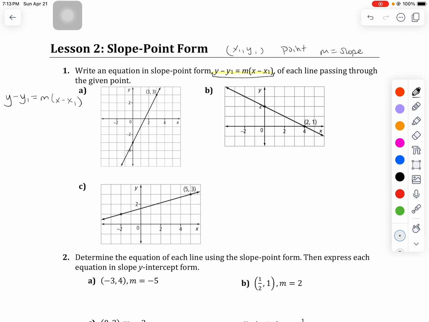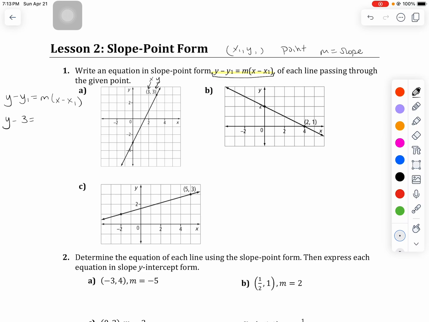Because this is made up from an altered slope formula, we're putting our x and our y in, and they are subtracted. So what happens to the signs is we get a y minus 3, even though that was a positive 3, equals the slope.